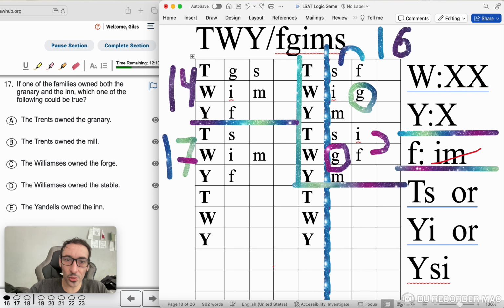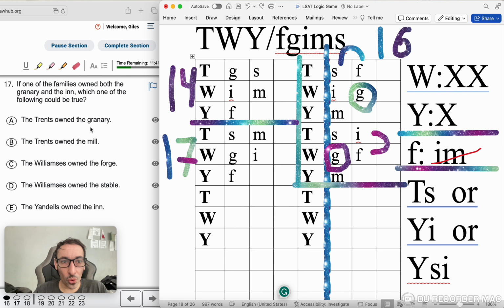While you're creating the worlds, you want to make sure you create it where it's going to meet the conditions. So for this to work, we have to have that one of the family owns G and I, which we have right here. And then if we flip these two together, the I would be with the G. So let's go ahead and use these two worlds to answer this question right now.